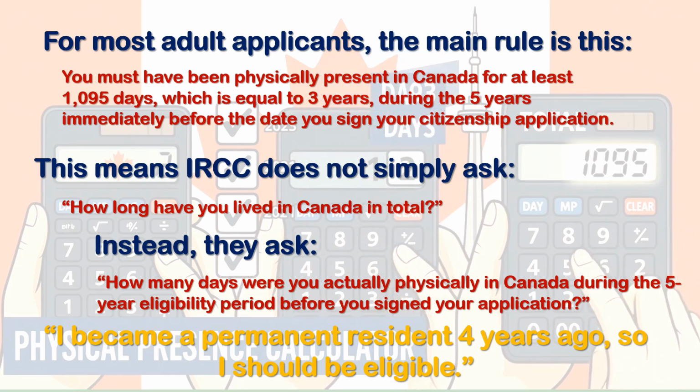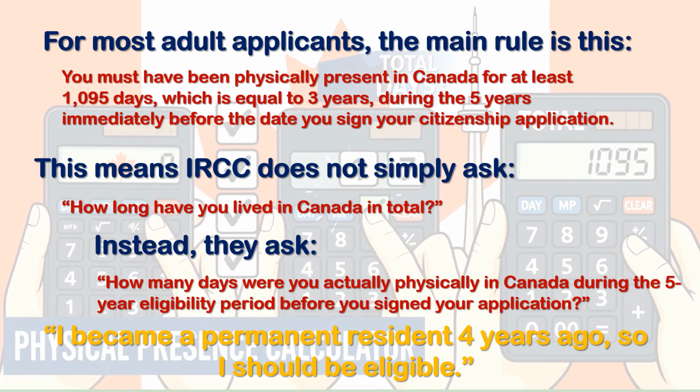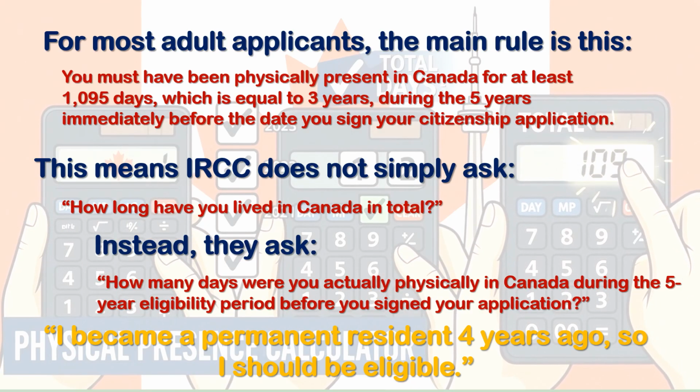Not necessarily. IRCC is looking at actual physical presence inside Canada, not just the number of years since you got PR status. So, if you had long trips outside Canada, work travel, vacations, family visits abroad, or other absences, those days can affect your total. That is why the physical presence calculator matters so much.